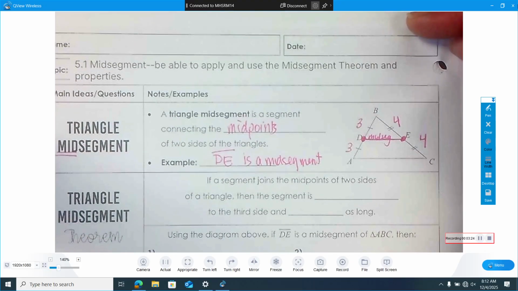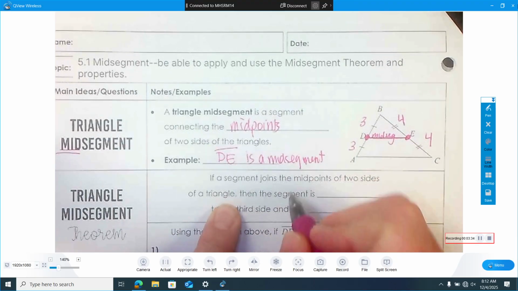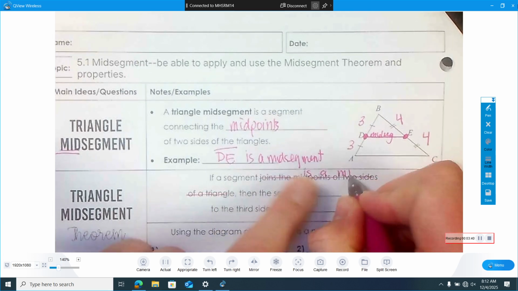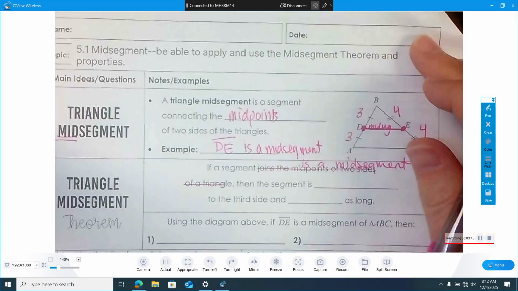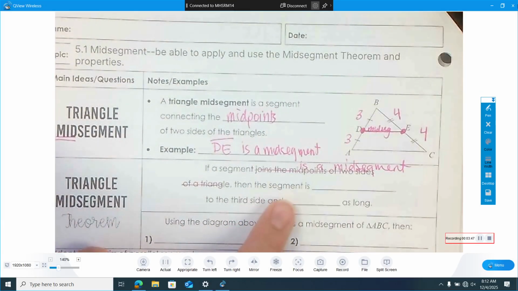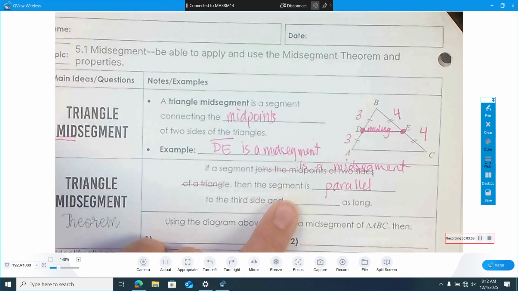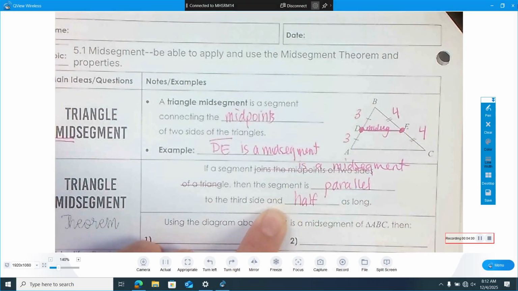Now it turns out that if a segment is a mid-segment, okay, the segment is parallel to the third side and half as long.